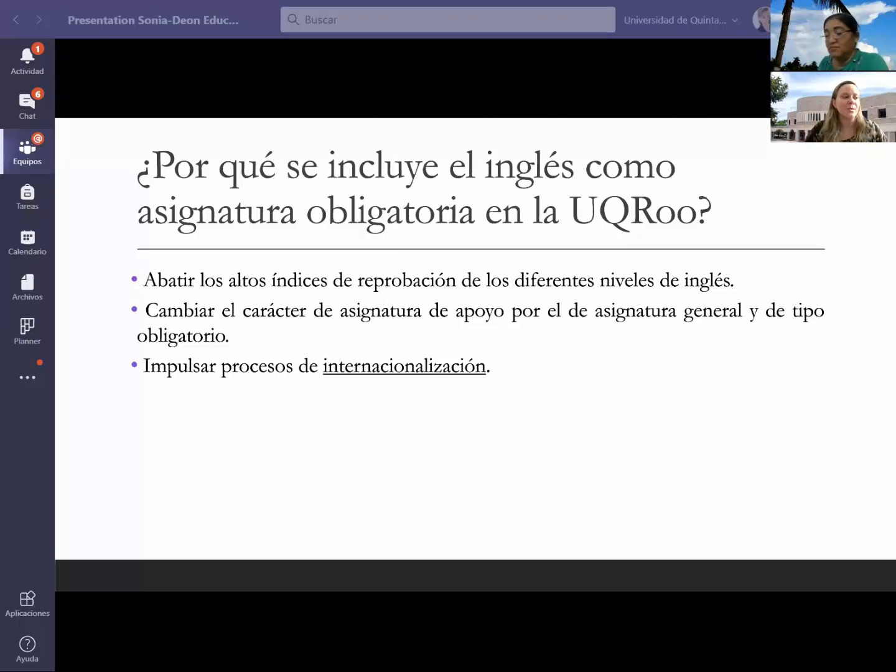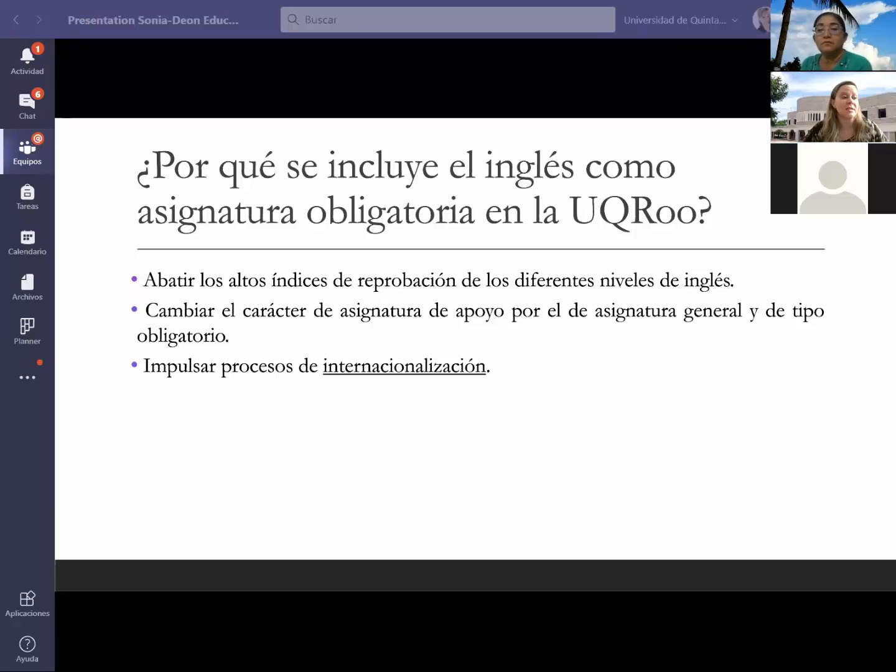Entonces, ¿por qué se incluye el inglés como asignatura obligatoria? Tenía 3 objetivos. Uno de ellos era abatir los altos índices de reprobación, es decir, al ser una materia extracurricular, muchas veces los estudiantes no le daban la importancia al inglés porque era una materia extra, lo que sucedía muchas veces también en otros niveles educativos, y entonces el inglés se convertía en algo extra que en realidad no le hacíamos caso y no pasaba nada si la reprobábamos.